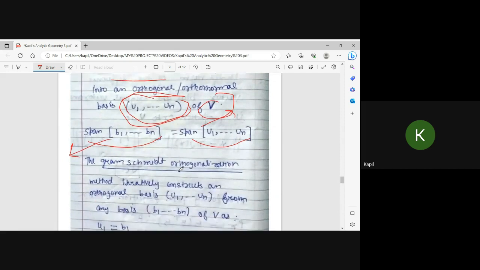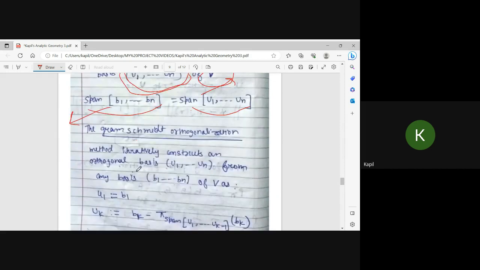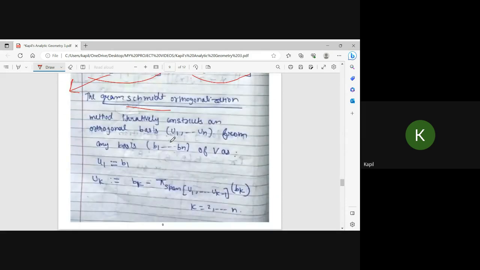Now we will see how Gram-Schmidt orthogonalization actually works, how to find the orthogonal basis from the normal basis.